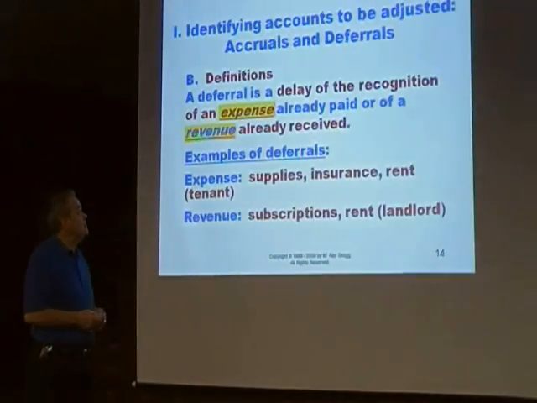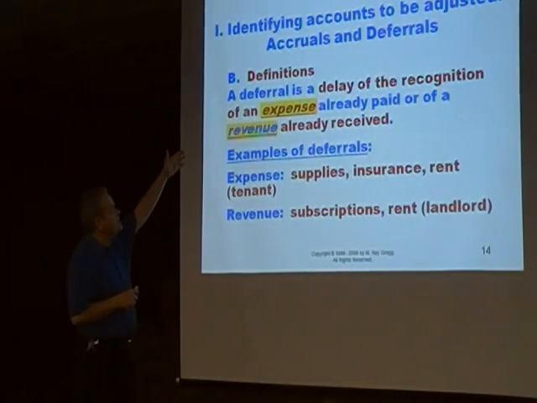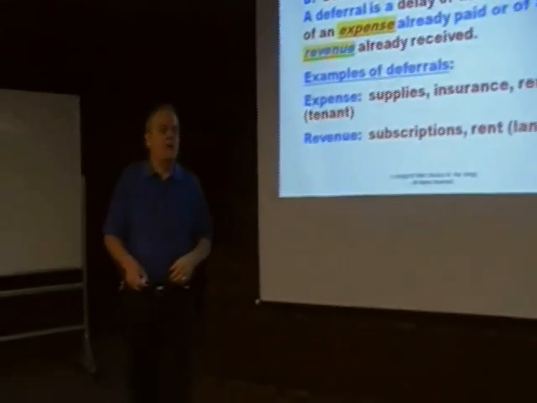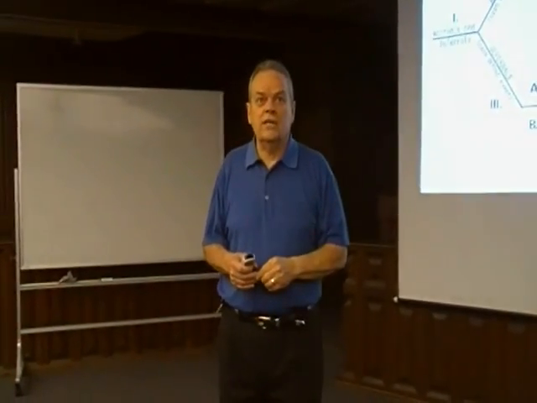These are good examples. Now notice in the definition that deferrals can be both expenses and revenue, and accruals can be both expenses and revenue. Glance back with me at the decision tree.